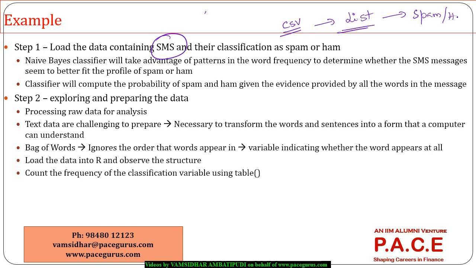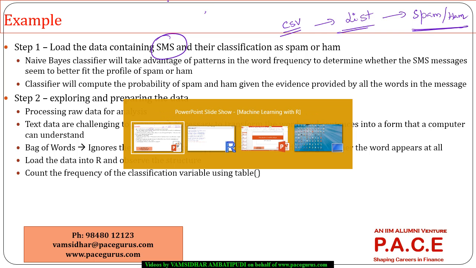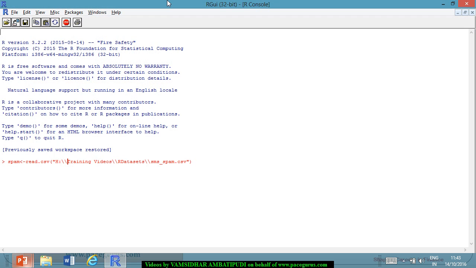Already the classification is done. So based on that, let's do the learning through naive Bayes. So load the data containing the SMSs and their classification. Let me use R for that purpose.